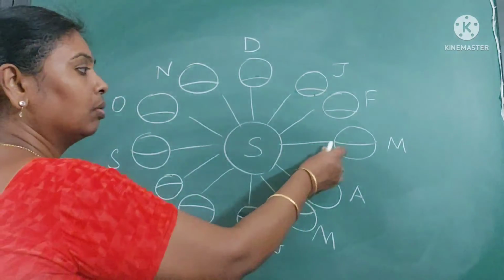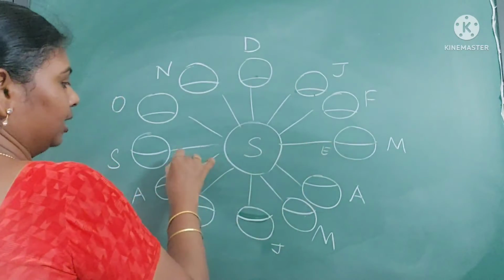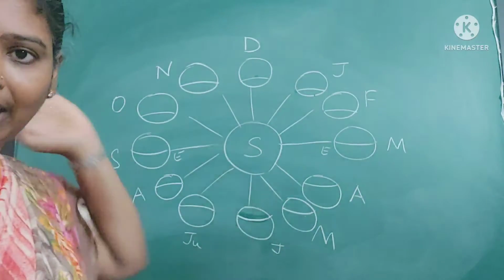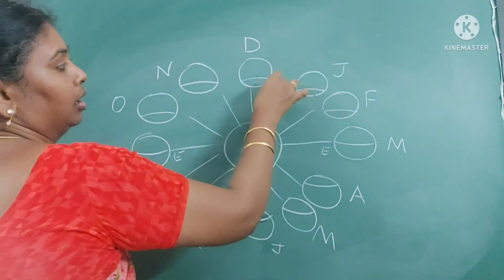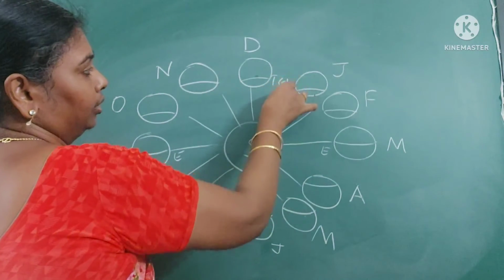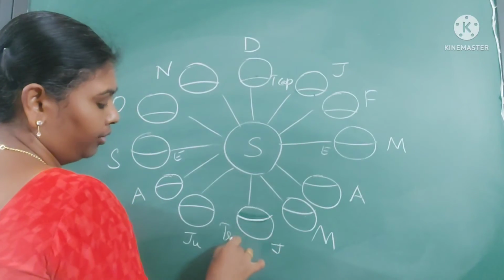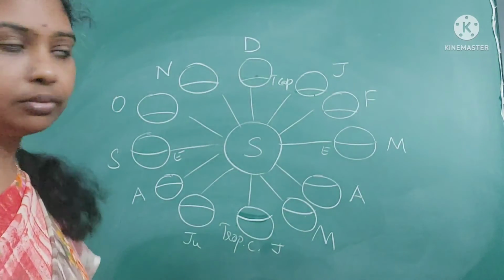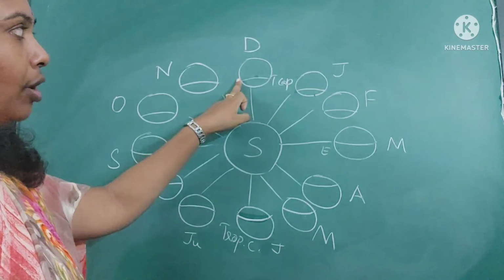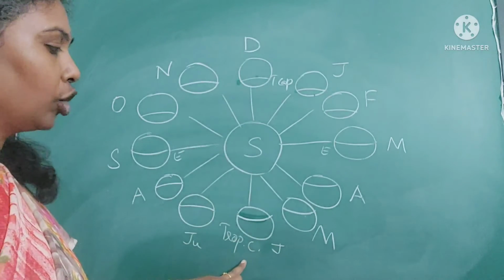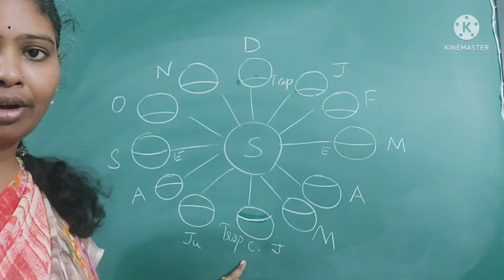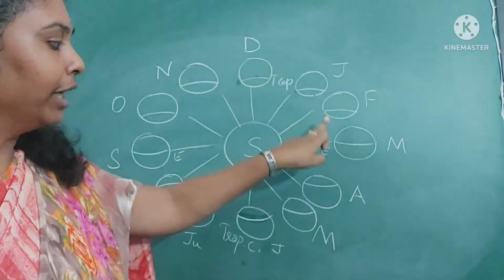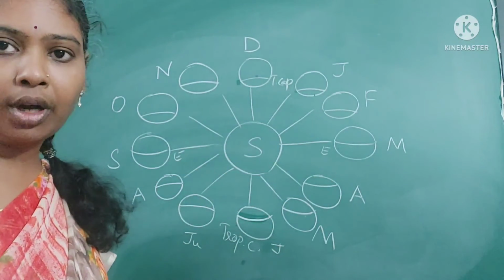Two times it will be exactly on the equator, and two times it will be on the Tropic of Capricorn and Tropic of Cancer. Exactly on the Tropic of Capricorn in December, exactly on the Tropic of Cancer in June. The other months it will keep on moving.